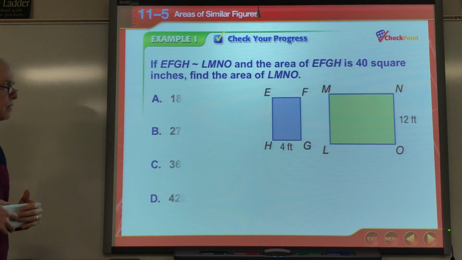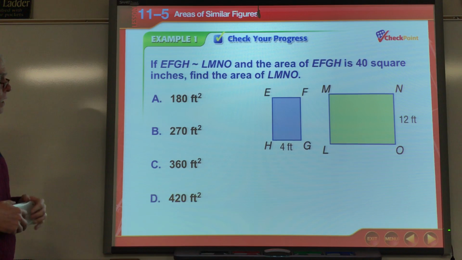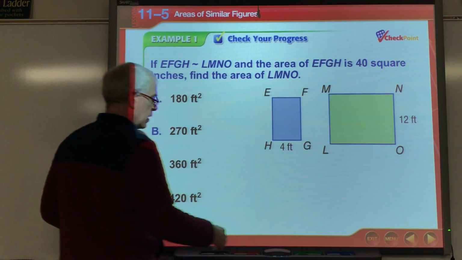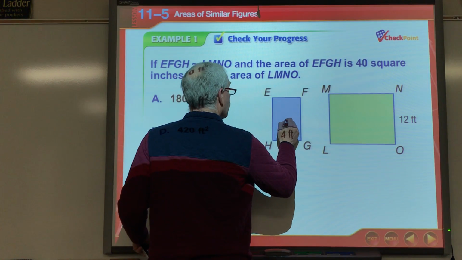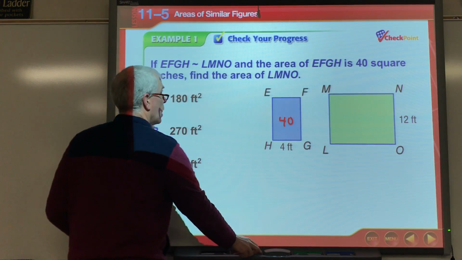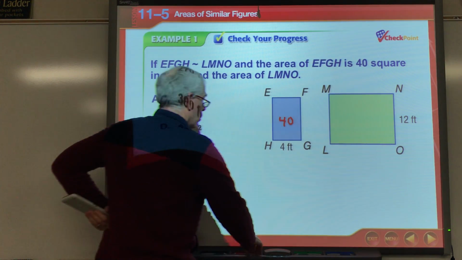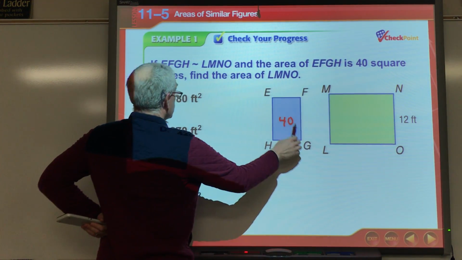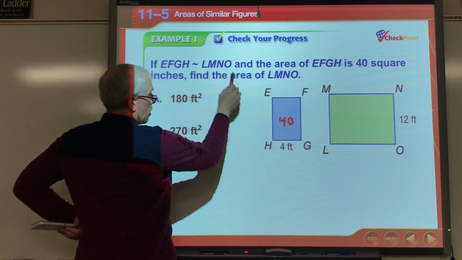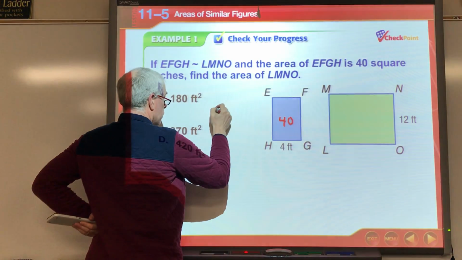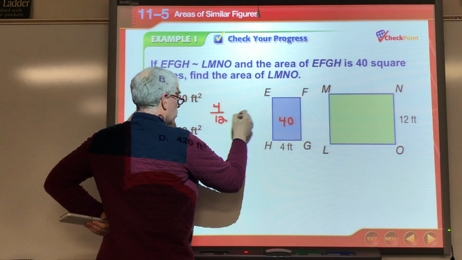All right, so why don't you guys give one a shot? It says again that these figures are similar. The area of EFHG is 40, so I'll go ahead and write 40 in there for the area to remind us. Find the area of LMNO. The ratio of the corresponding sides, HG to NO, is 4 over 12, which simplifies to 1/3.